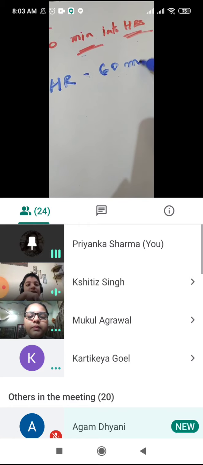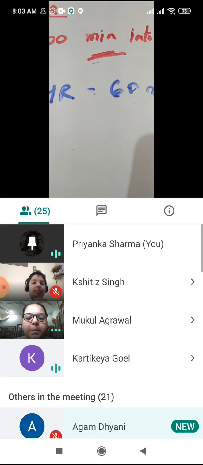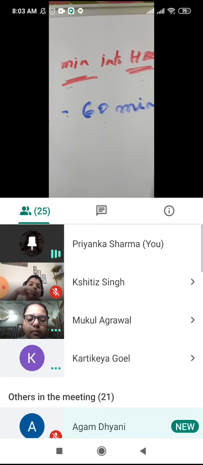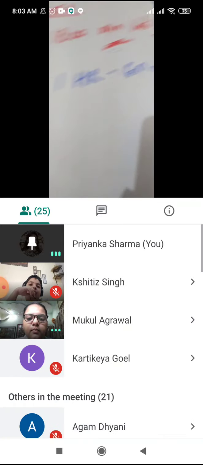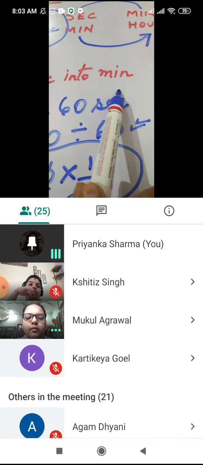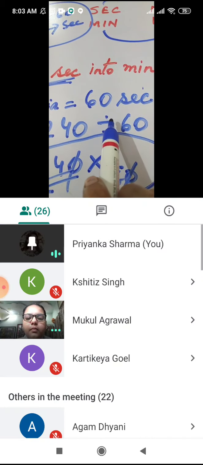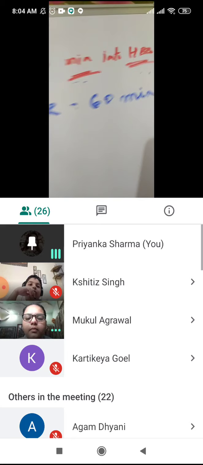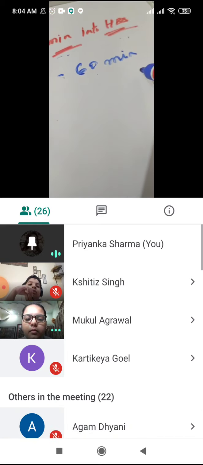You have to pay attention in the question to what it is asking. The question is asking minutes and hours. Earlier it was saying seconds and minutes, so we had written 1 minute is equal to 60 seconds. Here it is saying hours and minutes, so we will write 1 hour is equal to 60 minutes.